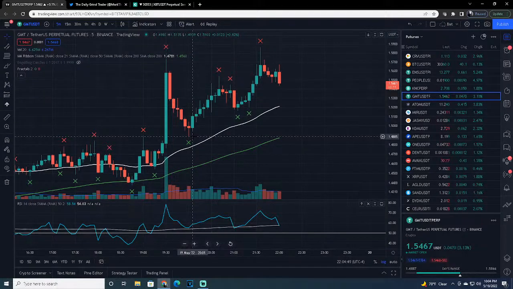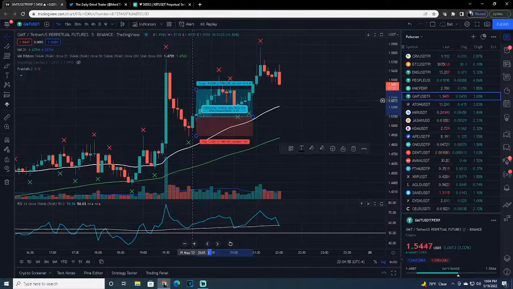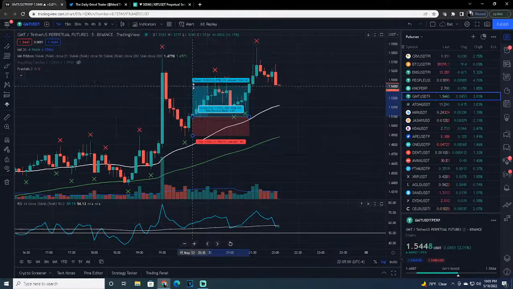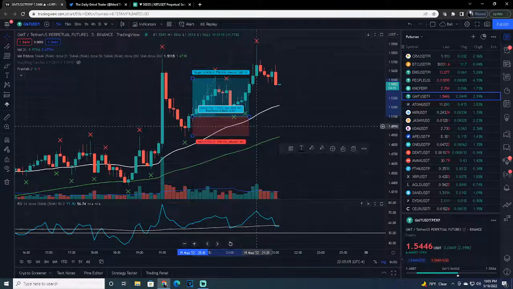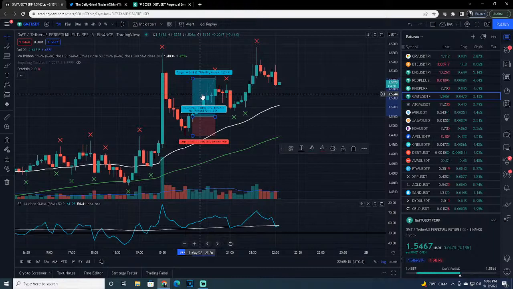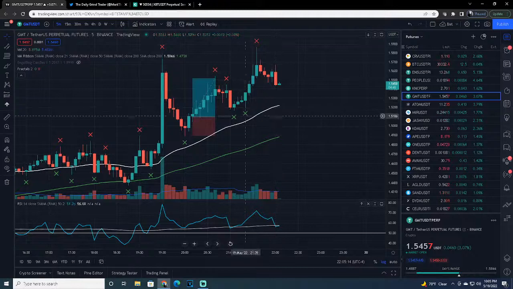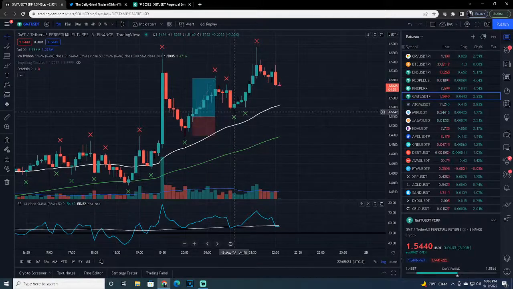You enter here, set your stop loss here, and I'm going to show you, if you enter at the start of that candle, put your stop loss there, and you go 2 to 1. Yeah, 2 to 1, you are less than an hour, and you're at over 50% profit. Those are the pullback trades you want to get. You want to keep yourself on the trend, but you want to pull back towards the trend. And you could have done the same thing here. Another pullback.